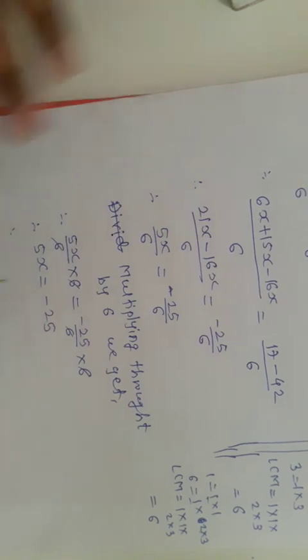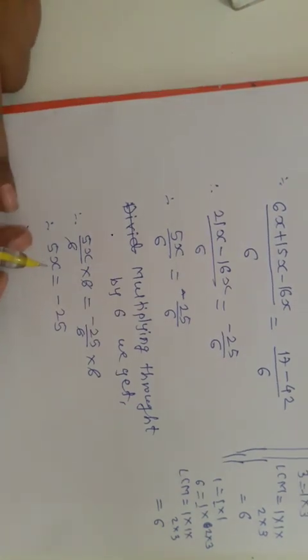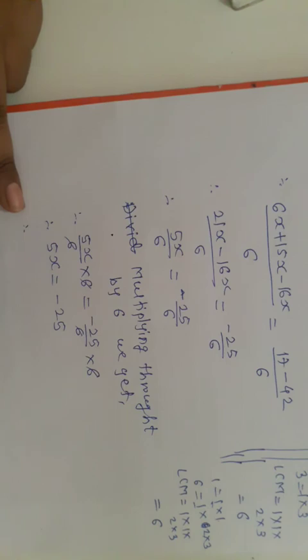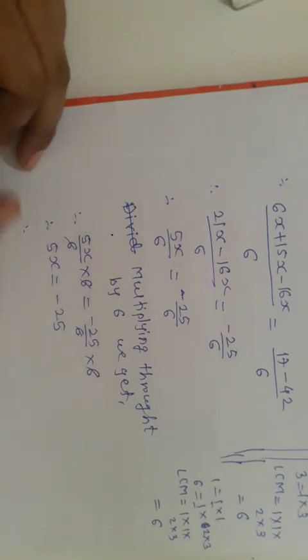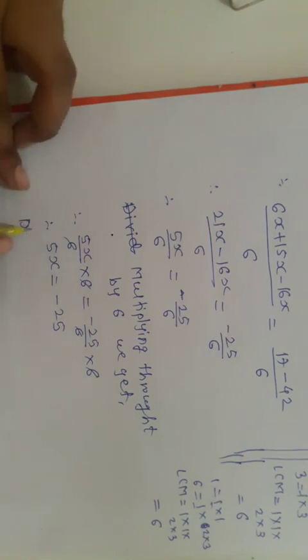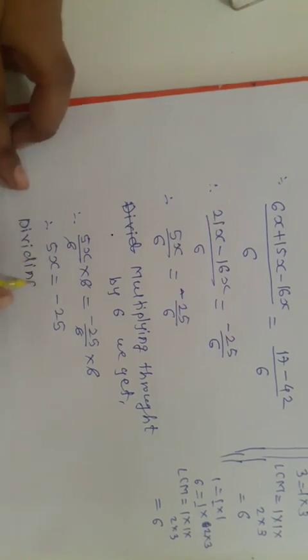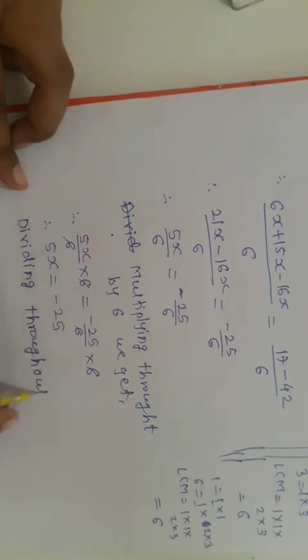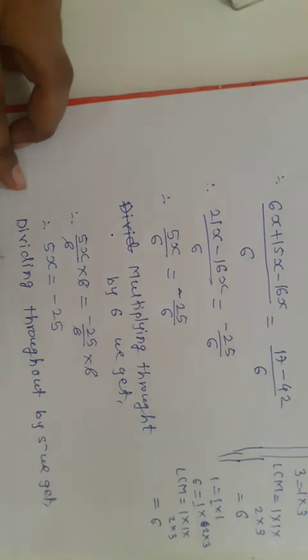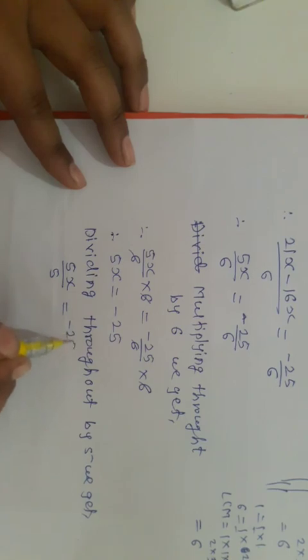We have not yet found the value of x, so what do we do? Dividing throughout by 5 we get the value of x. So dividing throughout by 5, we get 5x upon 5 is equal to minus 25 upon 5.